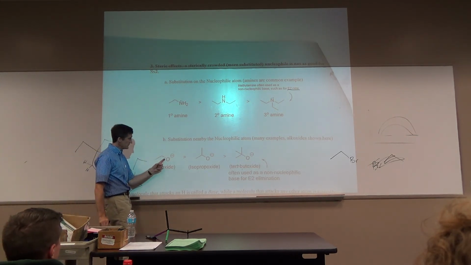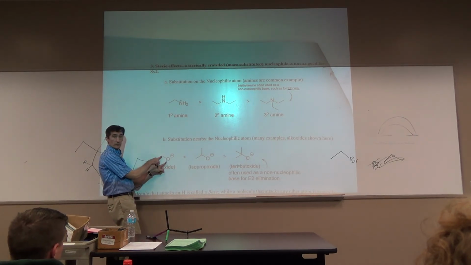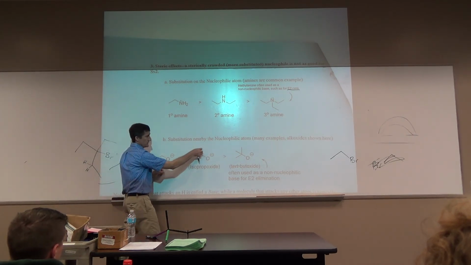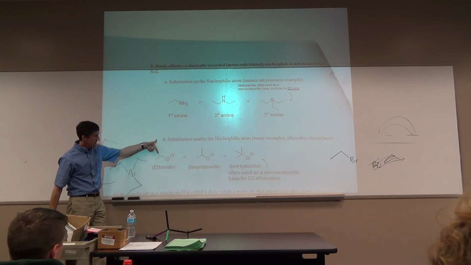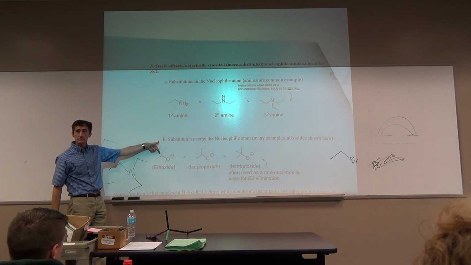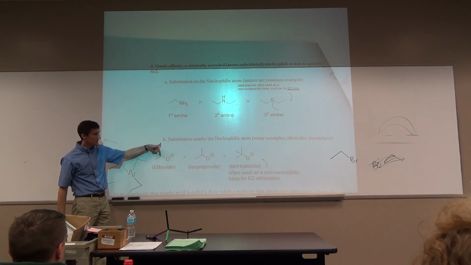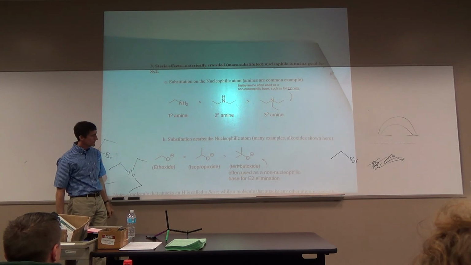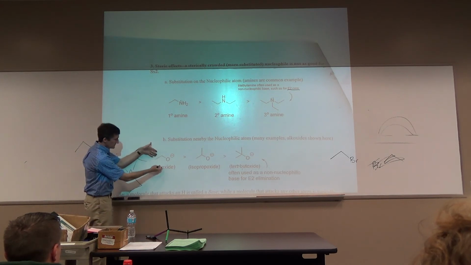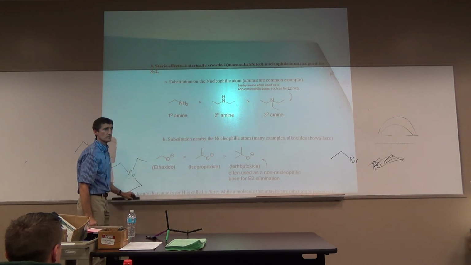You can also have substitution not on the nucleophilic atom, but on the atom next door. And that's what these examples are showing. The carbon next door. So this is a better nucleophile. I mean, they're both oxygen anions. The difference is this has less sterics. Now you can also have more and more sterics out here. Of course, the further away you get, the less it's going to influence things.